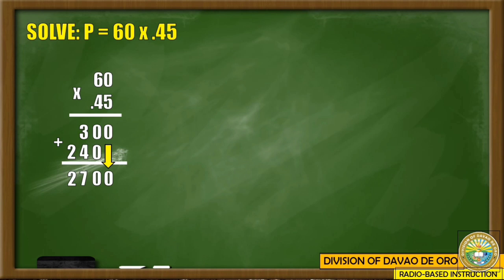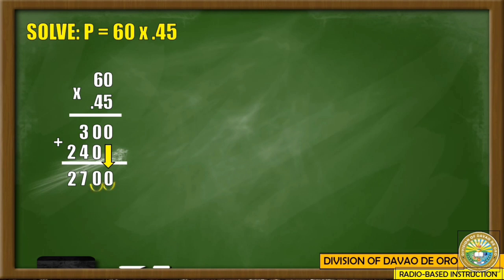If you look at the number 45, we have 2 decimal places. So we will move the decimal point from the right going to the left twice, because we have 2 decimal places. Understood? And it happened like this. 1, 2.